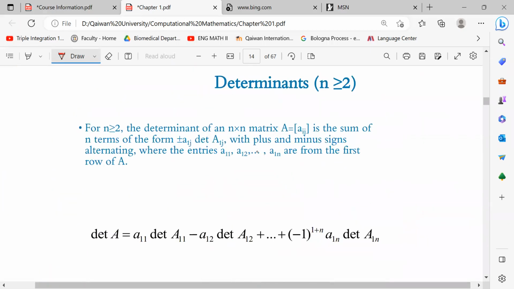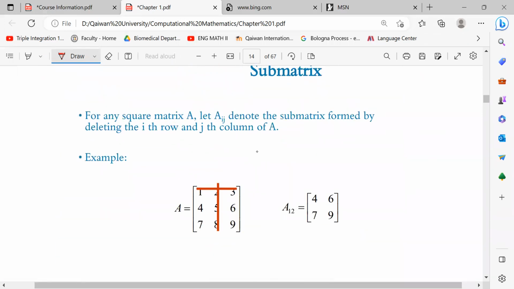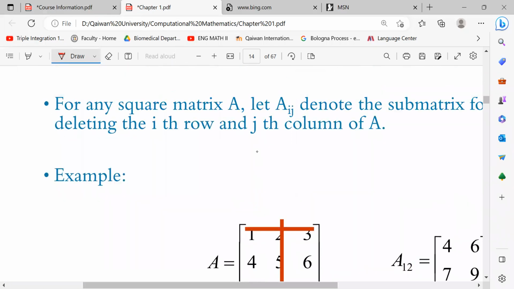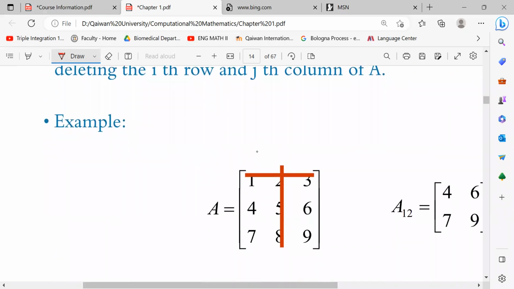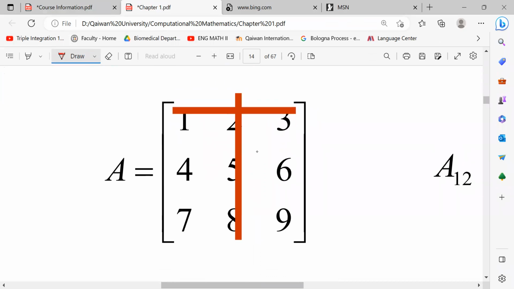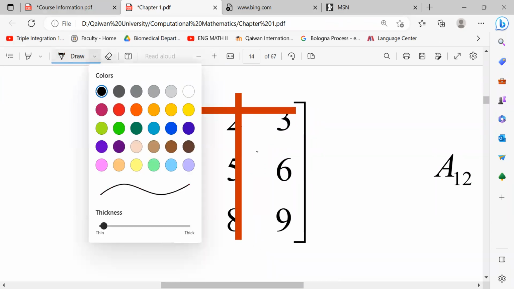Okay, let's talk about submatrices, then we take a break. We can take submatrices from a bigger matrix by removing rows or columns from the bigger one. For example, in this matrix, let me write down all the numbers here.